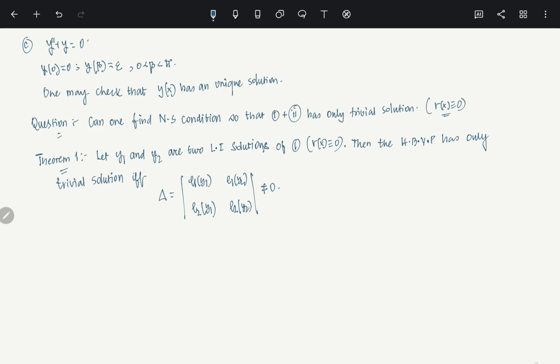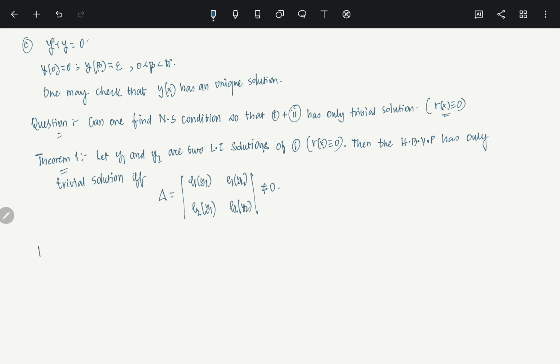You see what happens to L1 when you put the sine function, and what happens to L2 when you put the cosine function, and vice versa. You define that to be delta. If it is non-zero, then you know that the only trivial solution is there. If it is 0, it does not only have the trivial solution, so delta has to be non-zero.